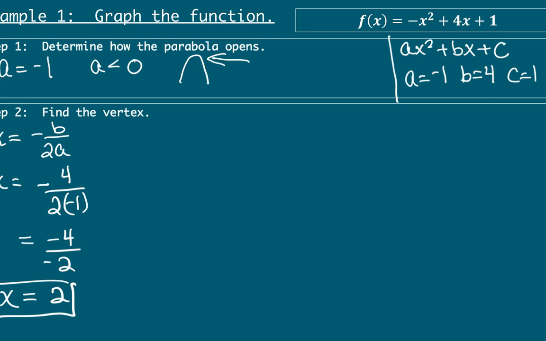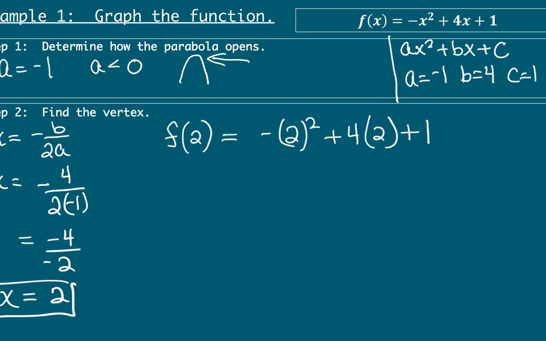So in order to find the y-coordinate of our vertex, we plug this back into our function. We plug x equals 2 into our function and find that value. So f of 2 is equal to negative 2 squared plus 4 times 2 plus 1.